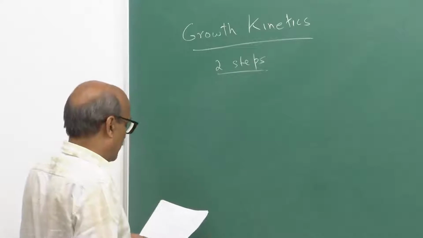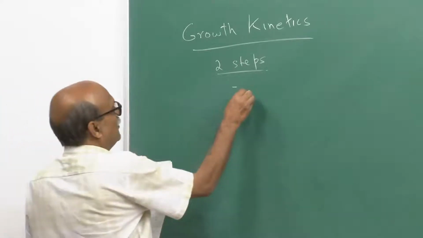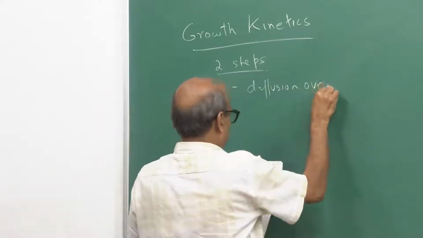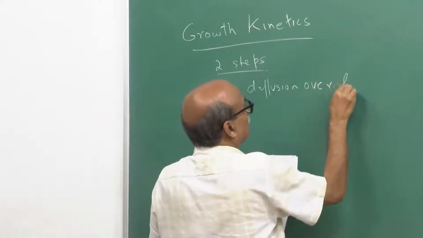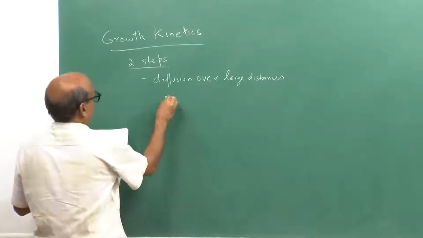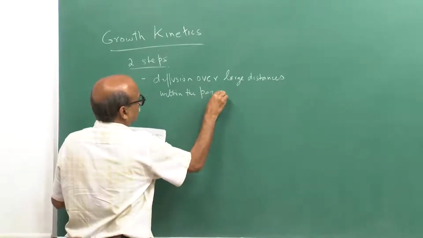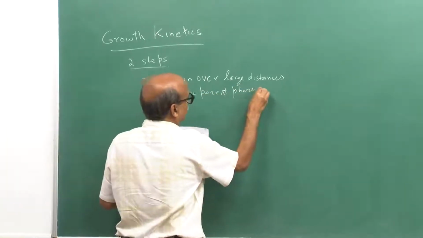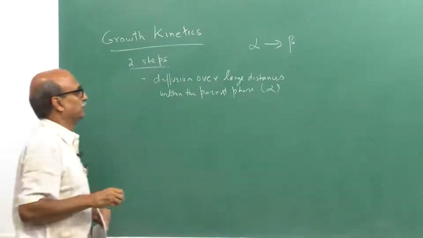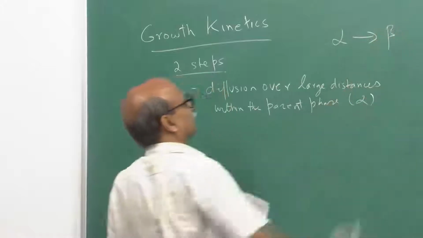Once a stable nucleus forms, the first step may involve diffusion over large distances within the parent phase. This parent phase is what we have been calling alpha. We are looking at alpha to beta transformation. So, beta precipitates out as a nucleus and then it starts to grow.